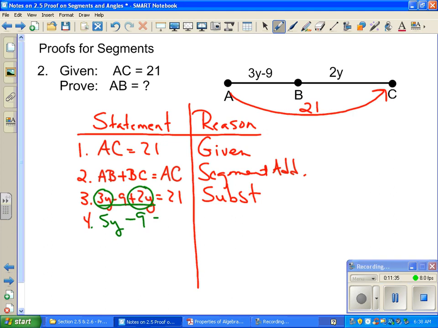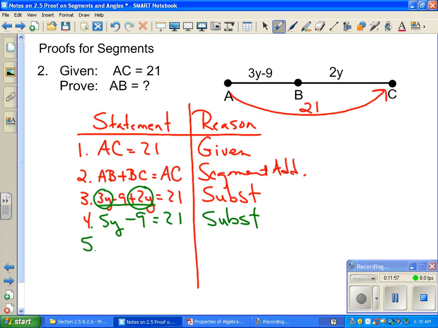So I bring the minus 9 down and say 21. I put two things together and replaced it with 5y. It's like taking two guys out of the basketball game and putting one guy in to replace him. So that's substitution. So as you can see, there are two different kinds of substitution. Replacing what it means and doing some math and replacing it.